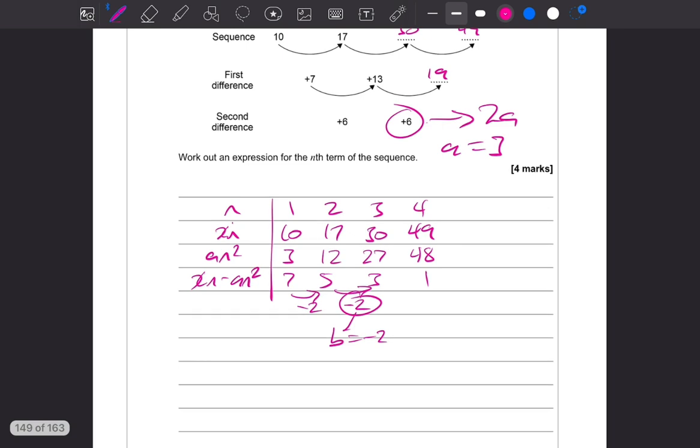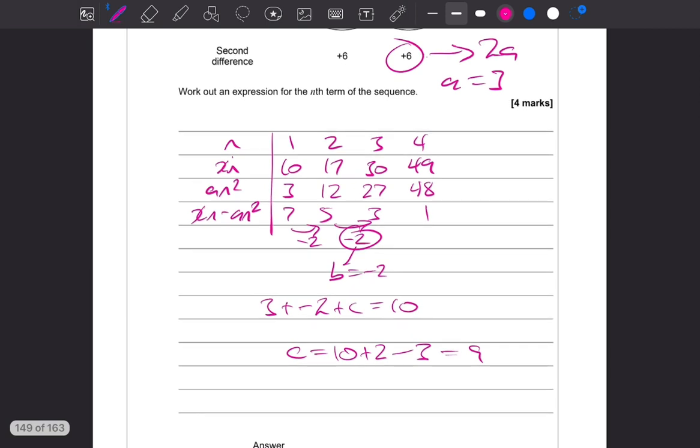And for the c, I always like to go back to the original. The first term: if we plug in, a is 3, plus b is minus 2, plus c should equal the first term of 10. So c is going to be equal to 10 plus the 2 minus the 3, so that's 9. So altogether, 3n squared minus 2n plus 9.